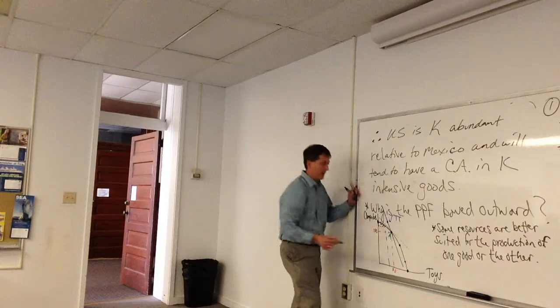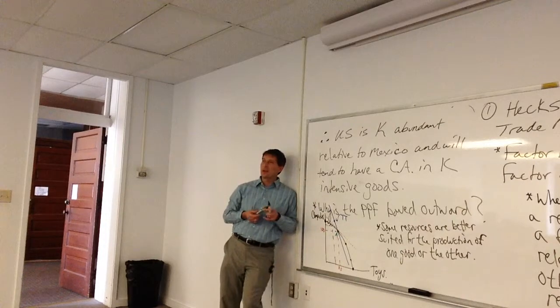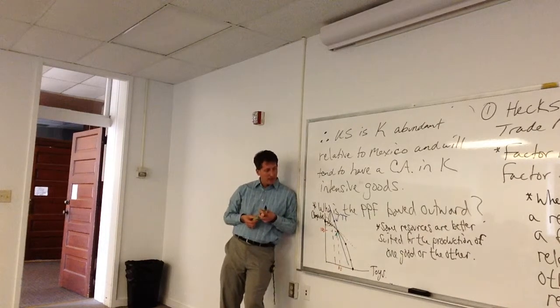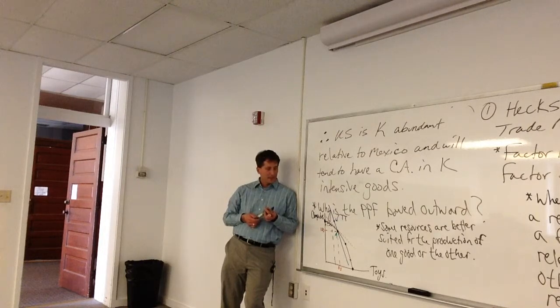Because wouldn't it be better to have more of both goods? Yeah, we learned that a while back. It'd be nice to have more of both. So we're trying to avoid the trade-off. It depends on what trade-off you're talking about, but we want the maximum with our own trade-off.